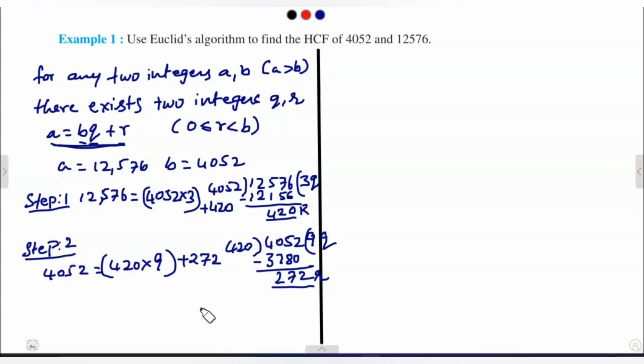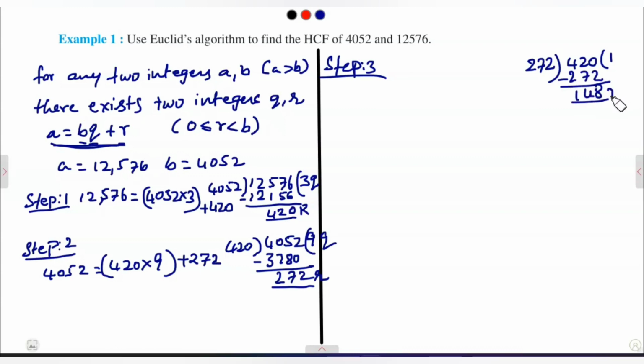Let's continue the division as our remainder is still not 0. Let's go to step 3. Let us take the previous remainder that you got as divisor, 272, and divide 420. So the previous divisor 420 is our dividend now. 272 once is 272, subtract, you get 148.